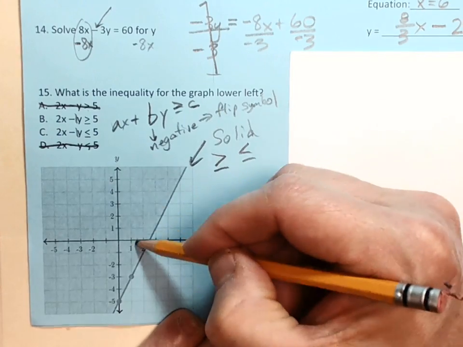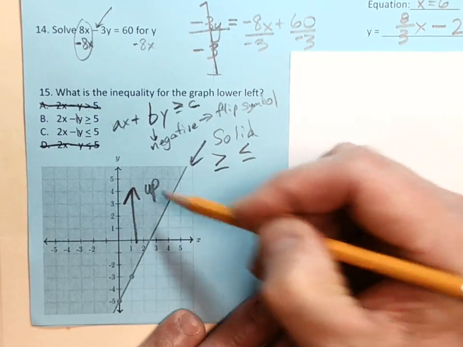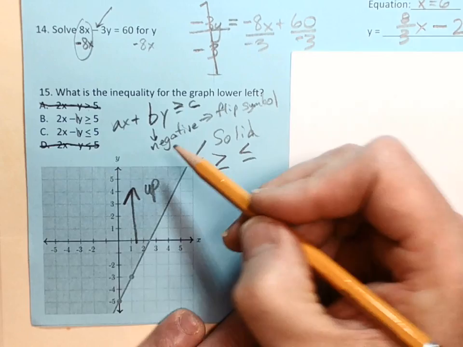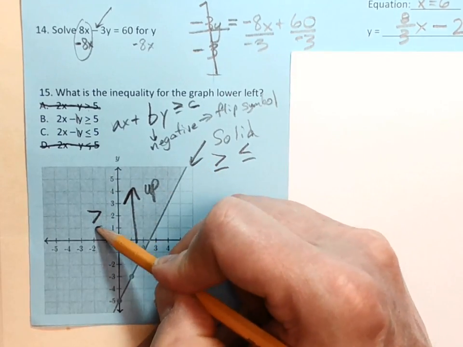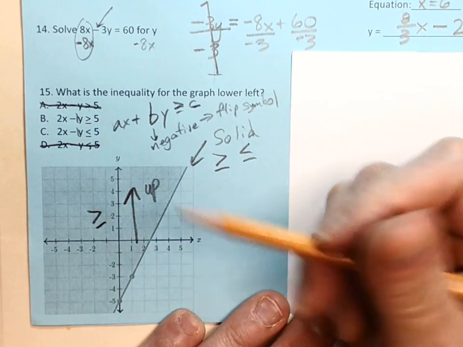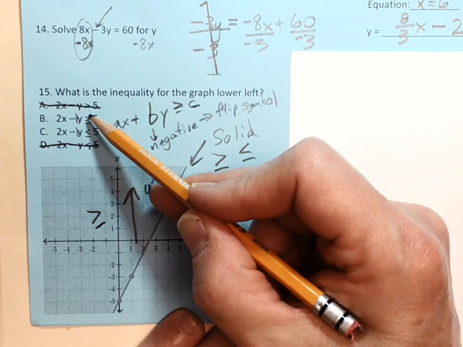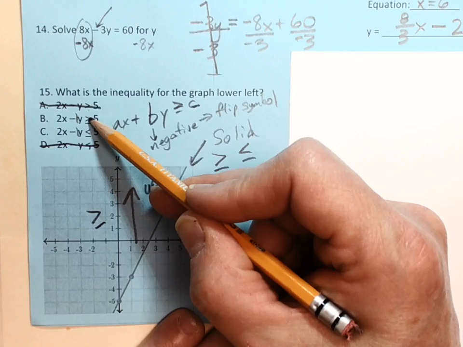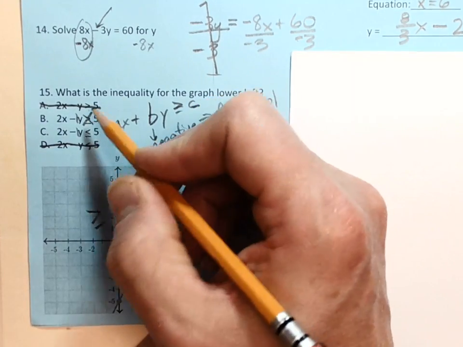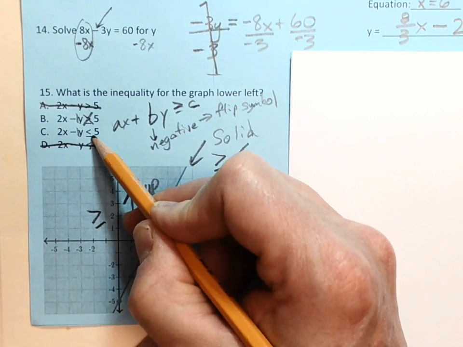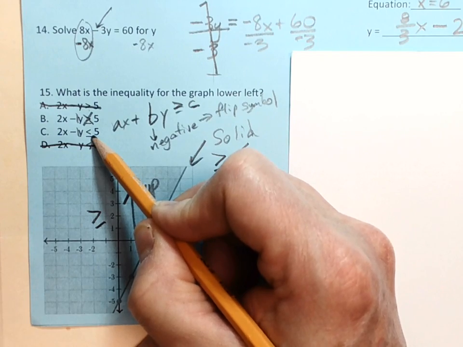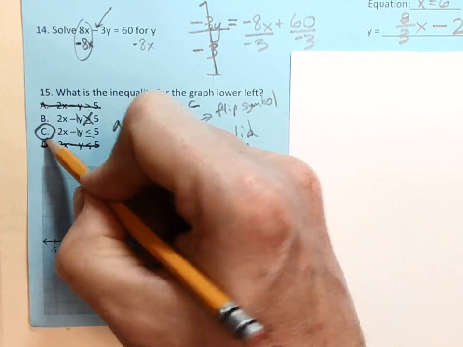So I'm shading up, which means that in the very end I need something that says greater than or equal to. But I'm not going to pick this one because this is going to flip to less than. This one, when I solve for y, is going to flip over and be greater than, which is what I want.